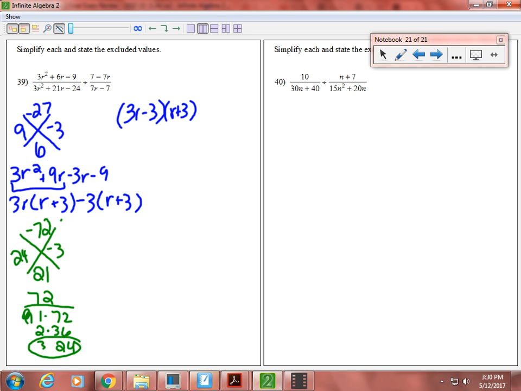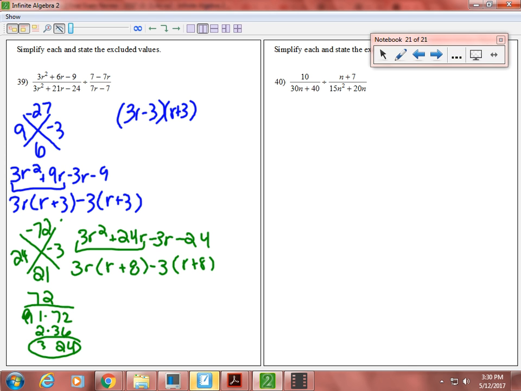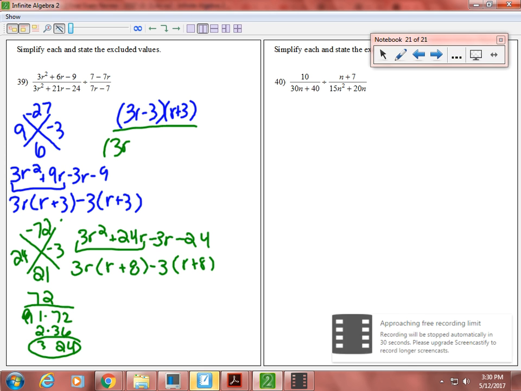So you're going to do the same thing there, where you get 3r squared plus 24r minus 3r minus 24. Greatest common factor here is 3r, and you're left with r plus 8, negative 3, and you're left with r plus 8. So the bottom is 3r minus 3 and r plus 8.